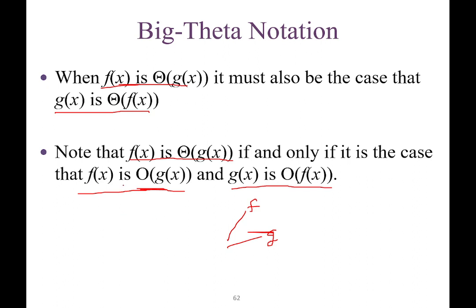And f of x is big O of g of x, which means g of x dominates f of x. So if they are upper bounds for each other, then we can follow the definition of big theta notation.